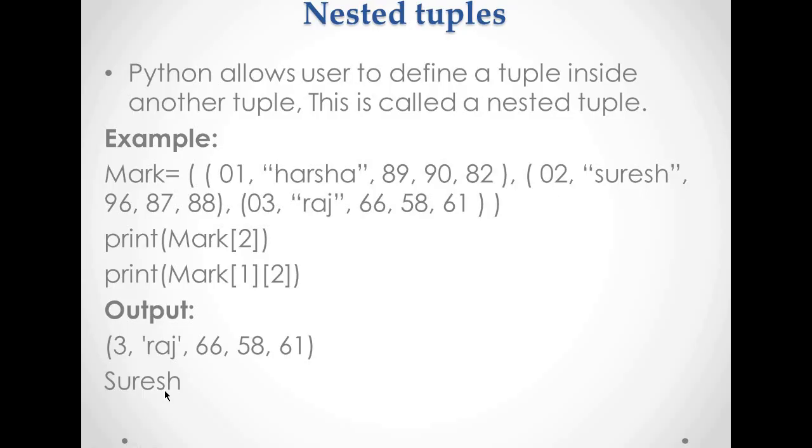It is going to print Suresh. So no confusion is needed here. A nested tuple means a tuple inside another tuple. When we need to access the values inside the inner tuple, we need to mention two index values. I hope you have understood the concept of nested tuples.